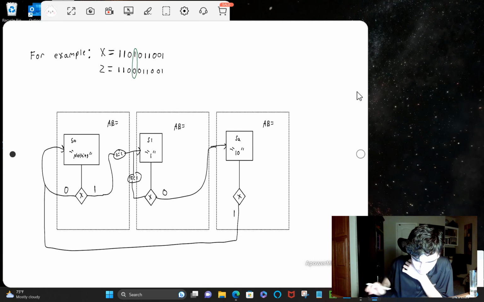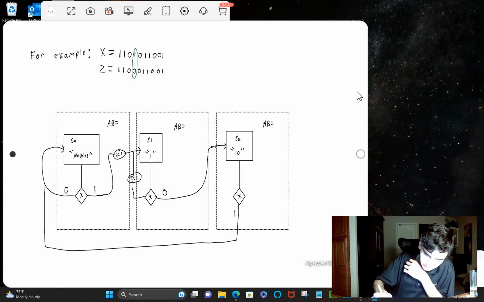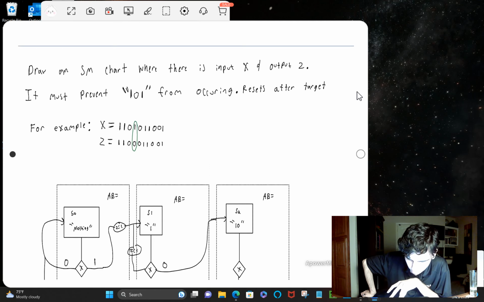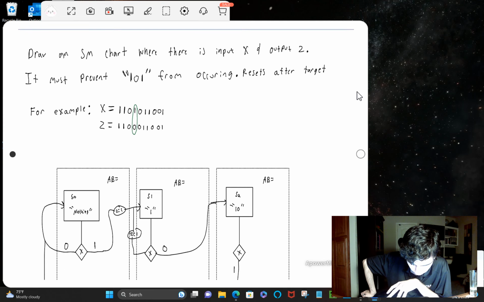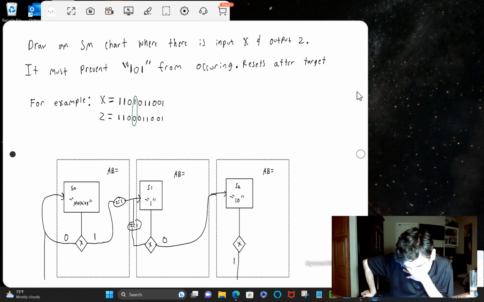And then there's no output Z in the link because we want it to be 0. We get a 0. I think it resets too.